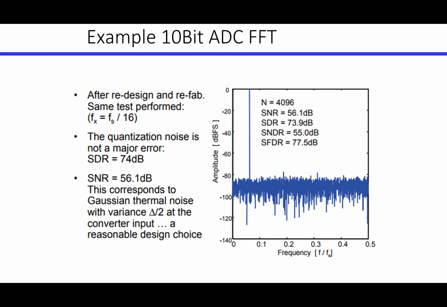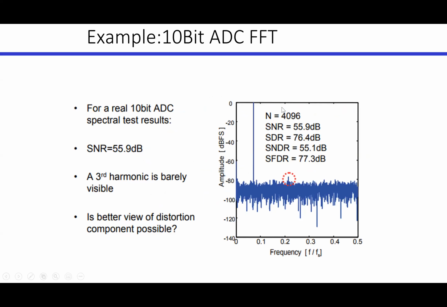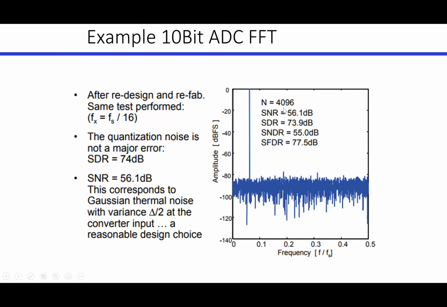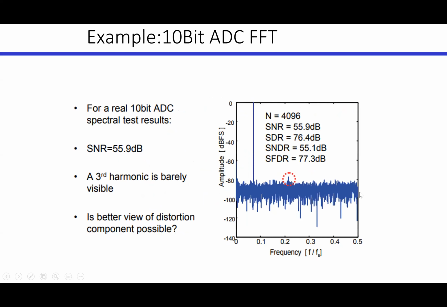I just want to show you this example. If I use a 4096 FFT size, you can see the noise floor at this level, almost at minus 90 dB. But there is a harmonic that is not quite visible.